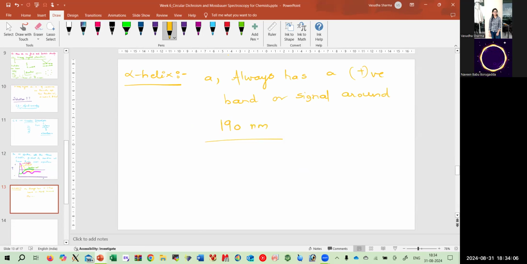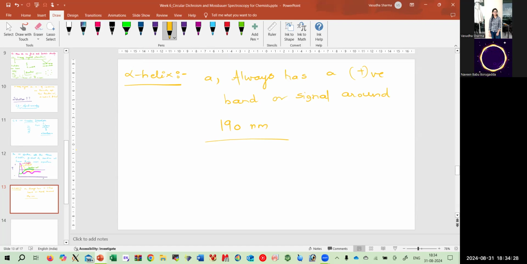These values are more or less fixed for all alpha helices because this is not going to change. It is irrespective of what amino acid you are taking. The values could shift by plus or minus 10, but it would definitely start from a positive end, not from a negative end, and the range would be around 190 to 200.